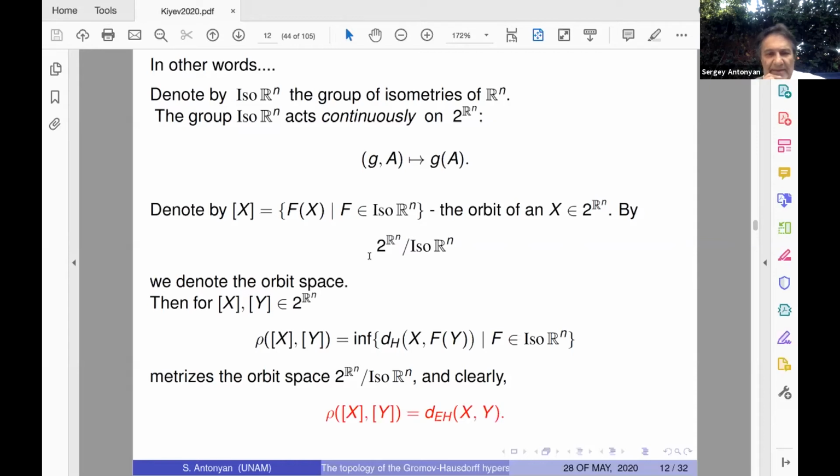And we proved that, in fact, the distance between a given X and the orbit of Y under the action of this isometry group is the same as the Euclidean Hausdorff distance.